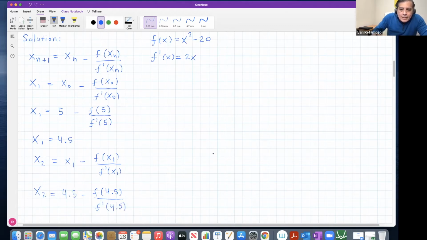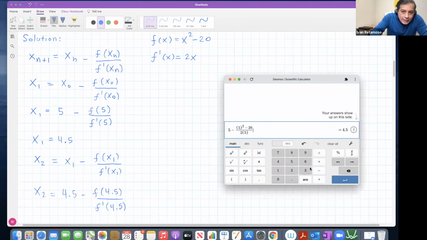I have this Desmos computation handy here because notice, guys, that I'm doing the evaluation again, but now it's all about changing this 5 for a 4.5. The same evaluation, but instead of evaluating at 5, I'm evaluating now at 4.5. So work efficiently, guys. You don't need to retype this whole thing. Instead, just change this for 4.5.